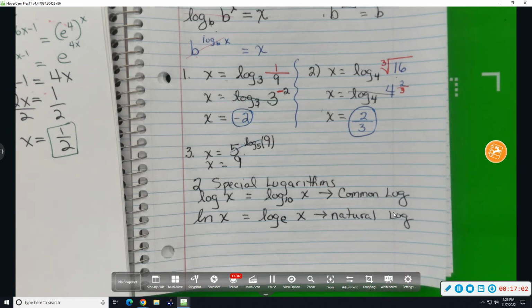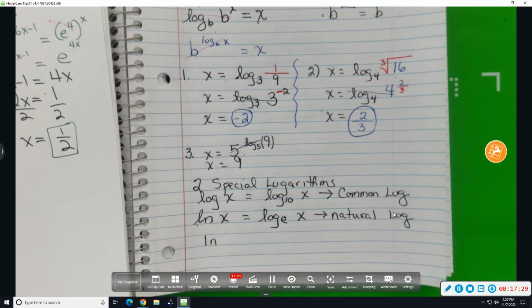A word of warning. You're going to have to be typing in the ln eventually on Pearson. When you're typing it in, never use capital letters. If you're typing this stuff in correctly, Pearson will space it correctly and so forth. If you're typing a lowercase ln, I think a lot of times students look at this and think it's a capital I and not a lowercase l.